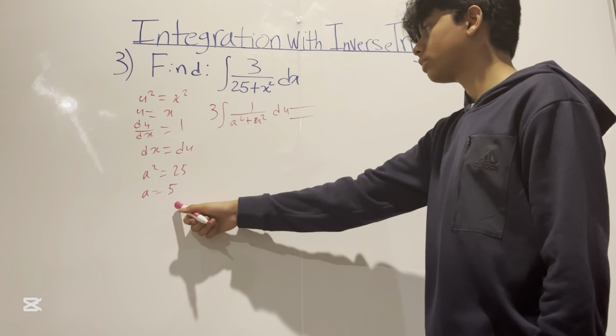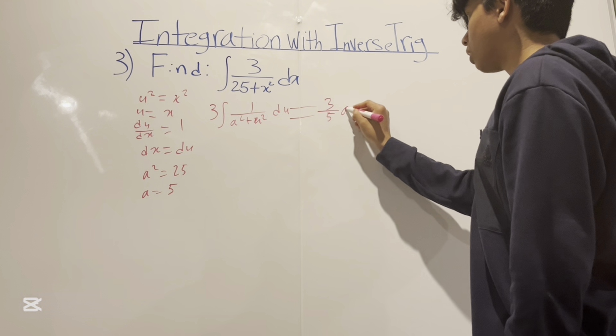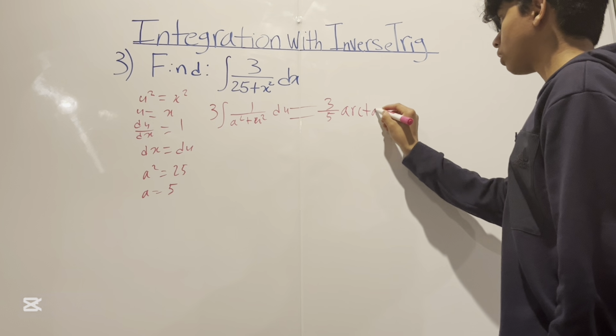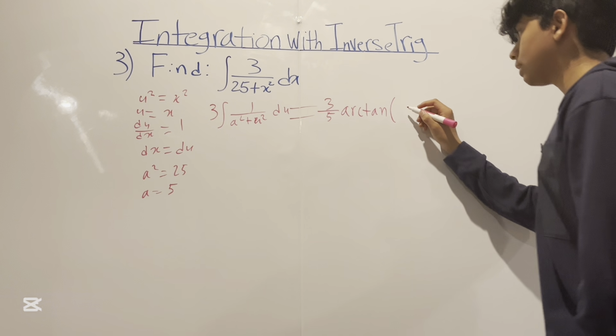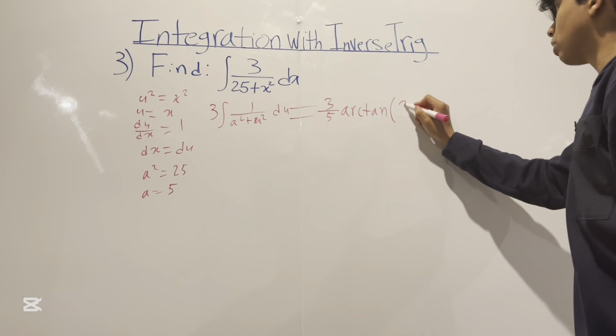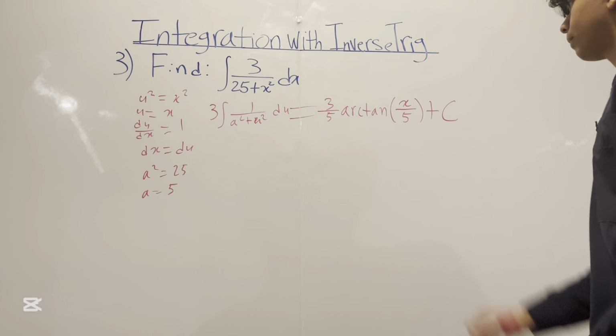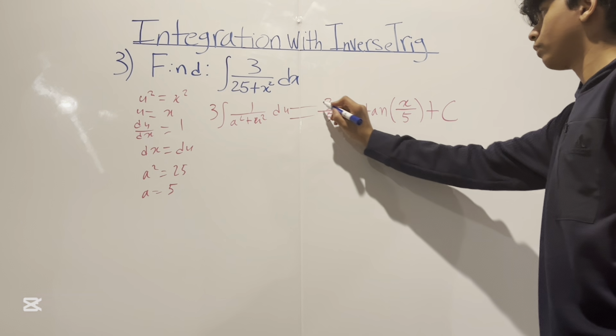So a we said was 5, so 3 over 5 arctan, and then this is u over a, and u is x, a is 5, so x over 5 plus c. And this is our final answer.